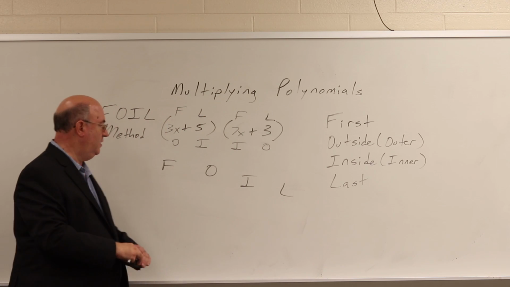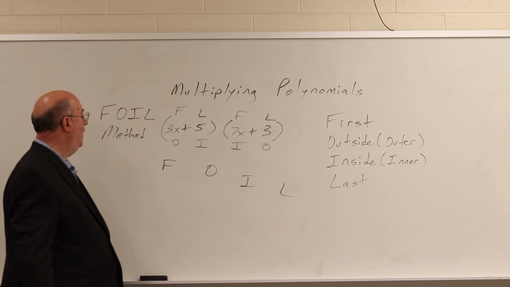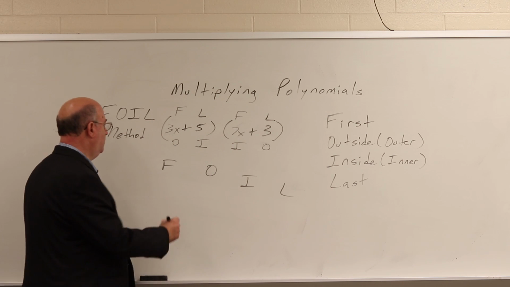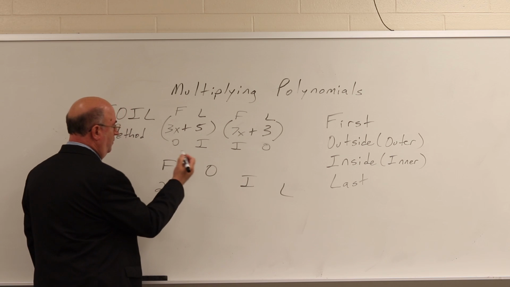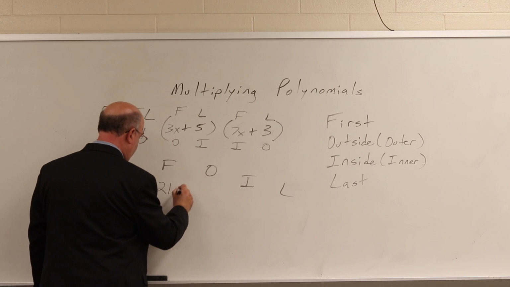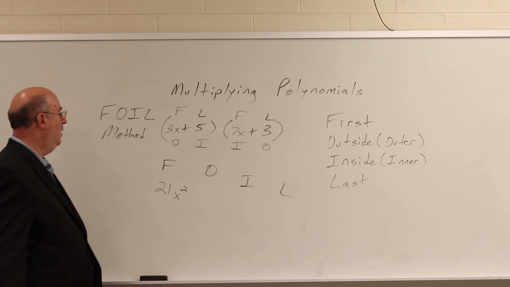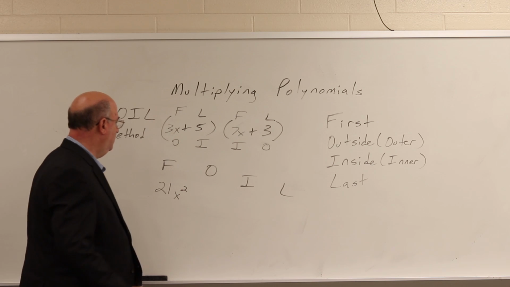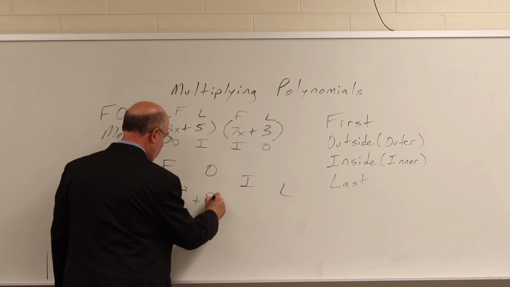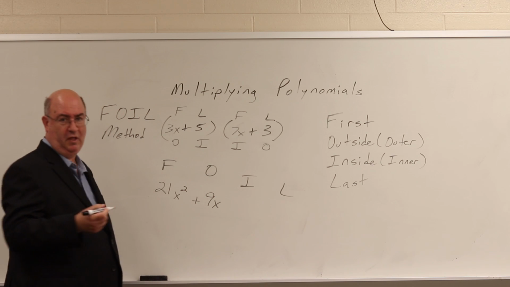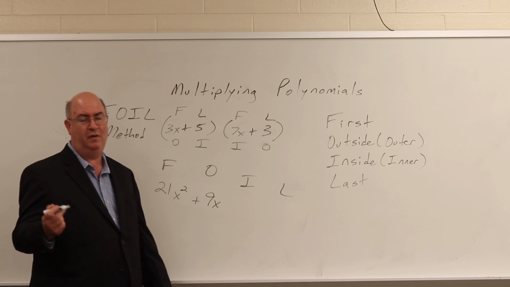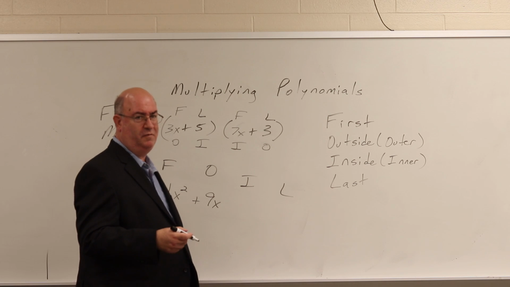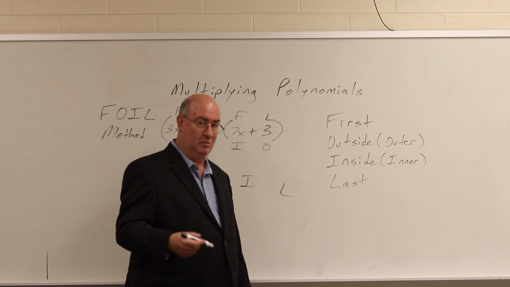Same steps, same sequence. 3x times 7x, we take the numbers times each other, it's 21. X to the first plus 1 is x to the second. O on the outside, 3x times 3 is 9x. Everything's positive, you keep everything positive. If it's negative, positive times negative equals negative, negative times positive equals negative.